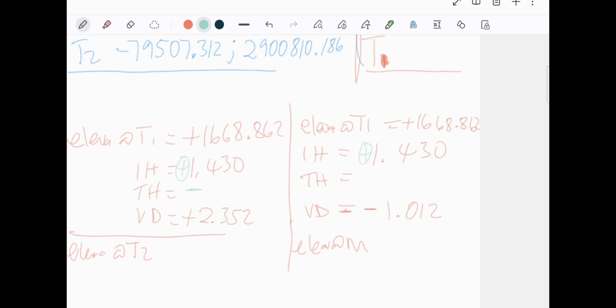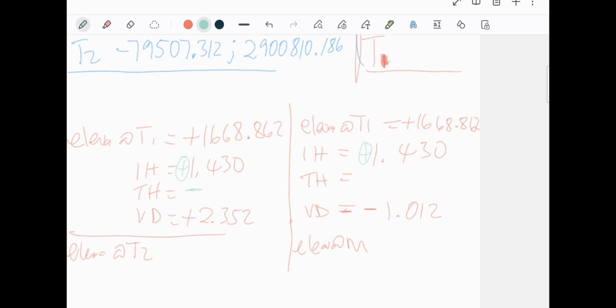Our instrument height is at the top right corner of the first table. For your target height, it's under the table written vertical angles, the P-bob.